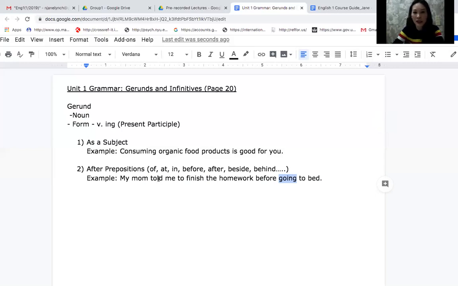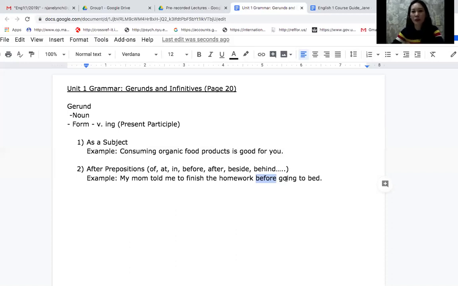The verb of this sentence is told, right? What is the subject? The subject is my mom. What is the action that she did? The action that she did is told. Told who? Told me. Okay, to do what? To finish. Finish what? The homework is a noun. When? Okay, before is the preposition. It tells you about the time. When? Before I go to bed.